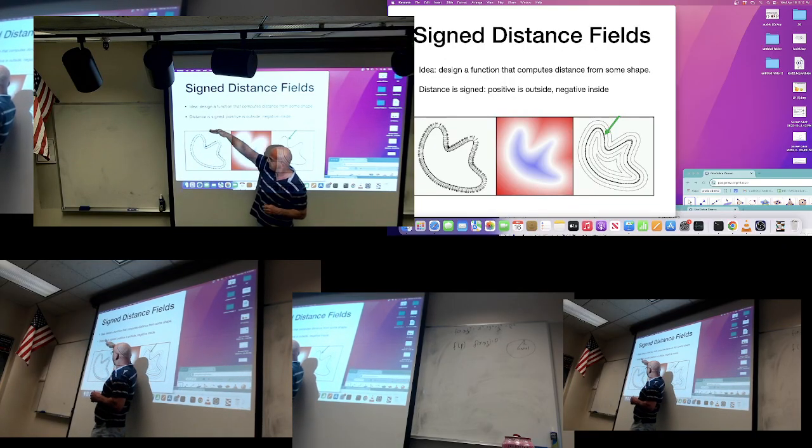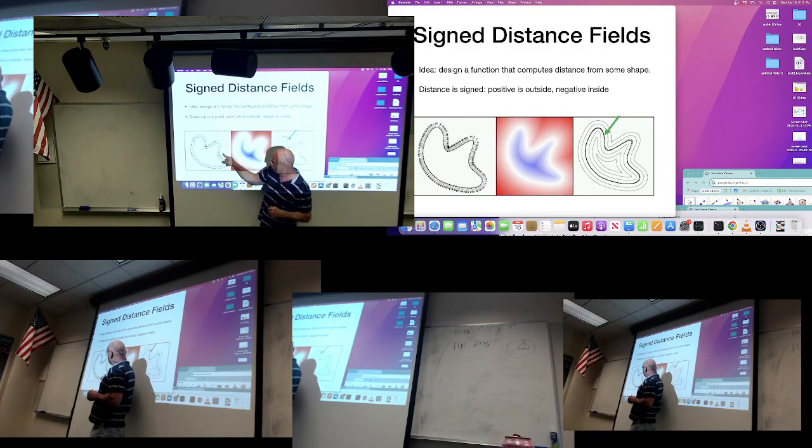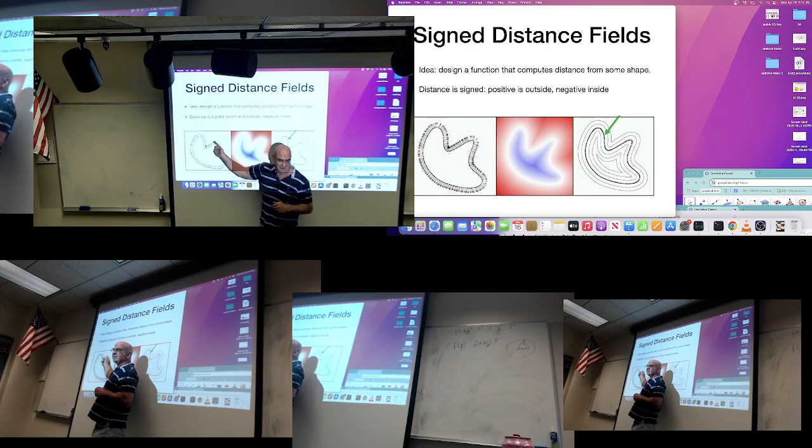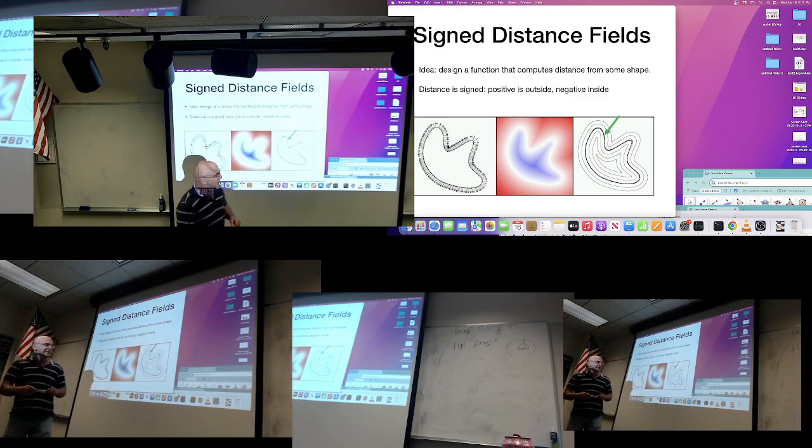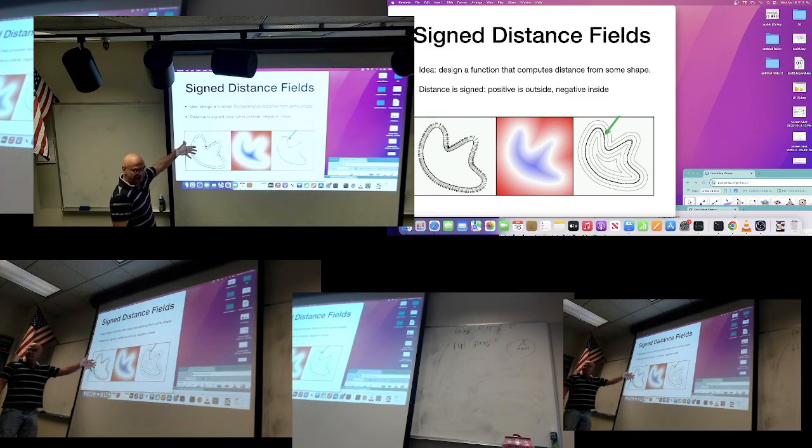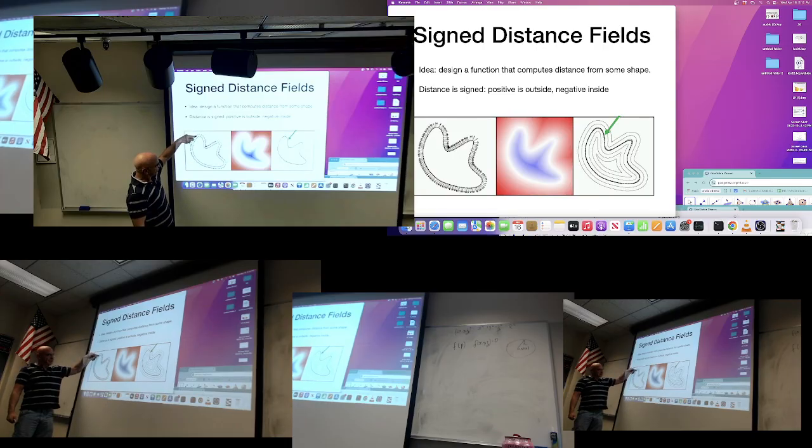F is defined everywhere. The shape that I have in mind satisfies f equals 0, but there is f everywhere, and actually there is gradient, like force field, that is coming together with the shape. I can think about a shape, if that's a function, then I have gradient that says if you go in this direction, f will increase.